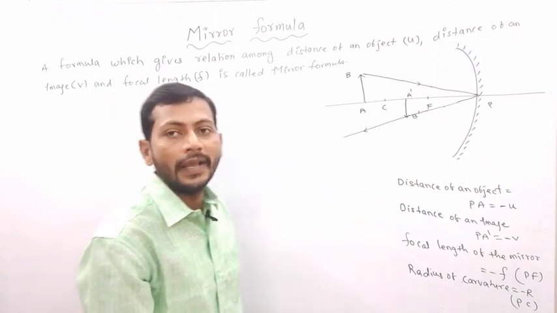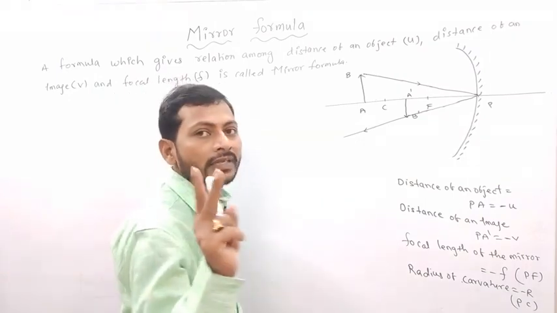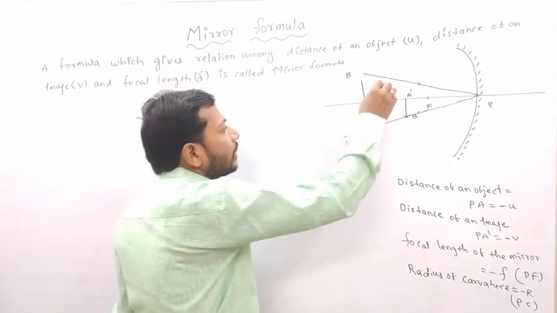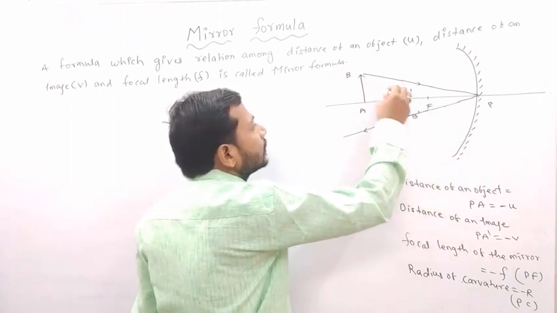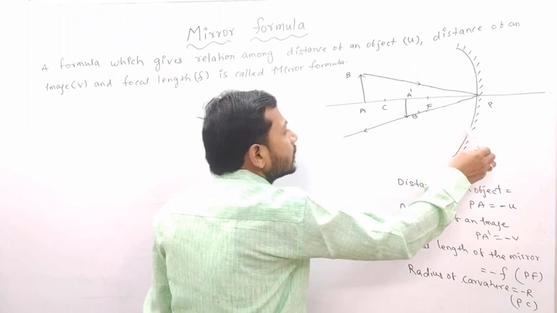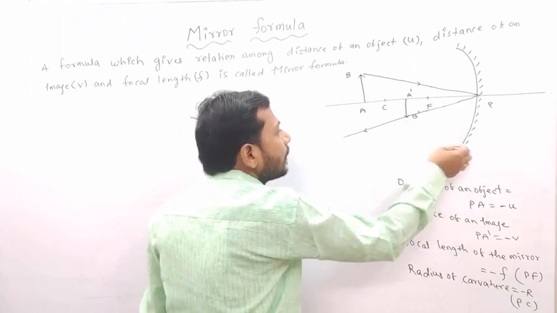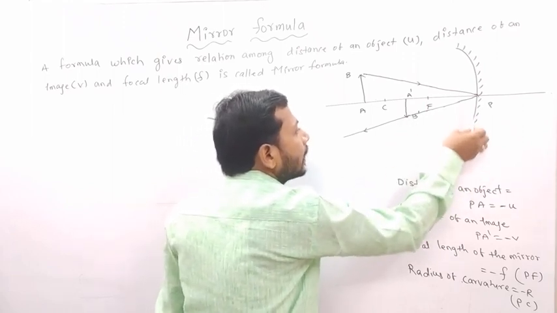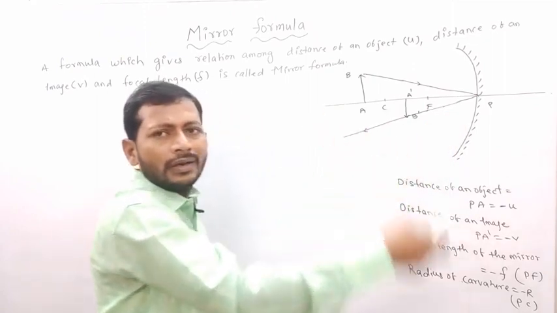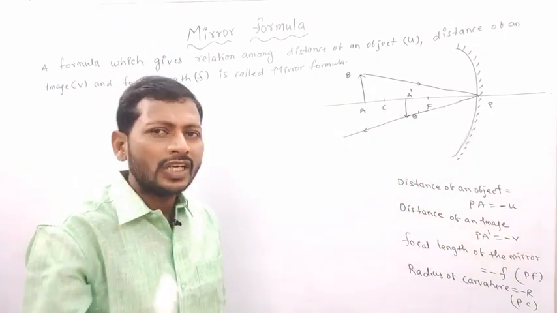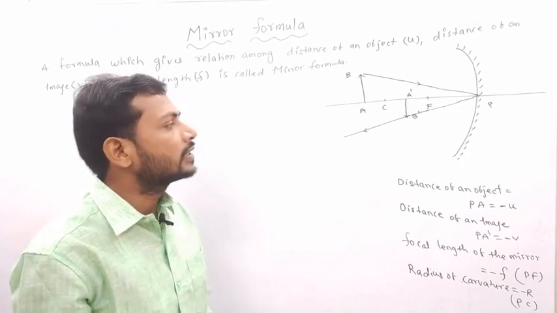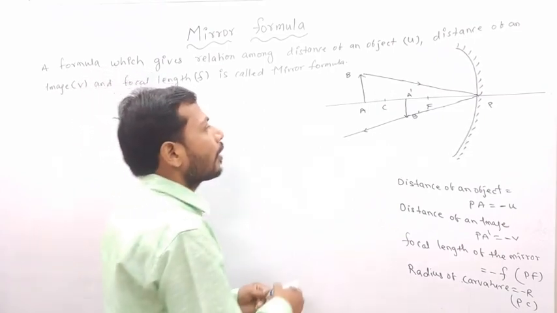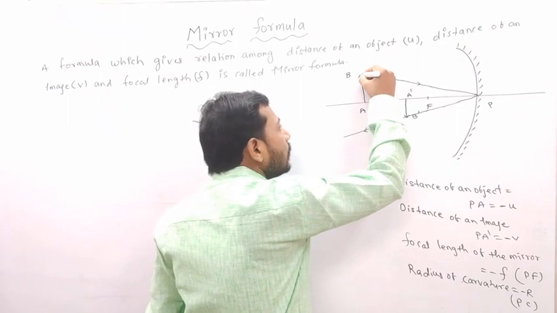So now I am thinking I can take two options. If I take the ray from the pole, it makes a triangle with the object, but it is not going from here. If it is parallel, it is not going to make the triangle here, and again I have to make it a little lengthy. That's why I am not going to choose the focus. I am choosing the second way, passing through C. Why, sir?